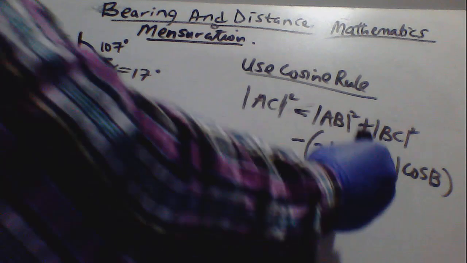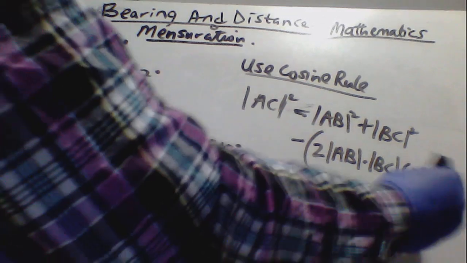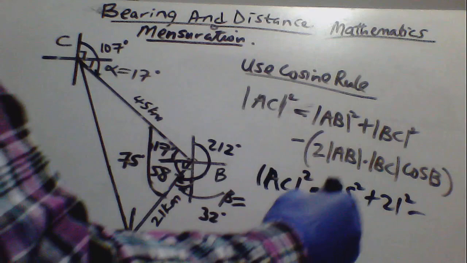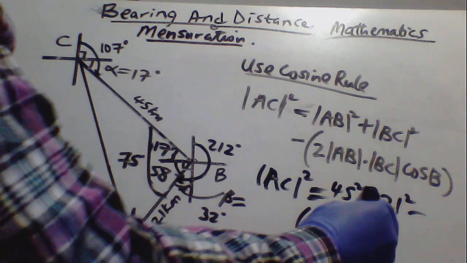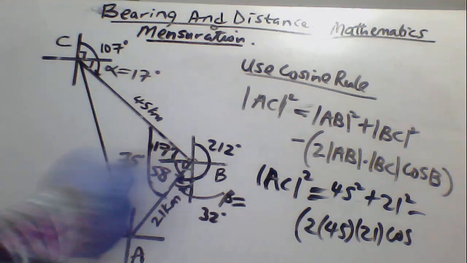Here is 45 squared plus 21 squared minus 2 times 45, 21 cos 75.